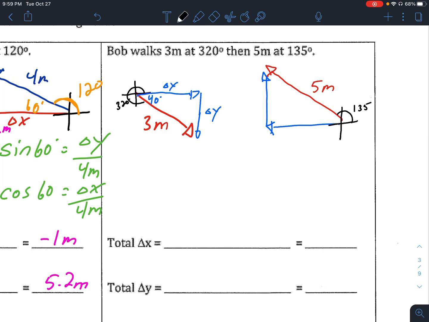If to the left is 180, my remaining angle that I don't have inside my triangle is going to be 45. And I celebrate and say yay, because if one side's 45, the other side's 45, I only need to do one trig function because it's going to be an isosceles triangle where both x and y components are the same size. So that's why I say yay.